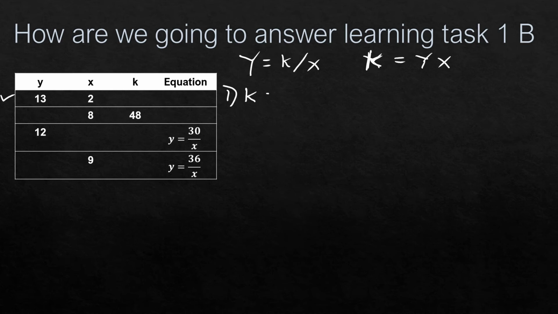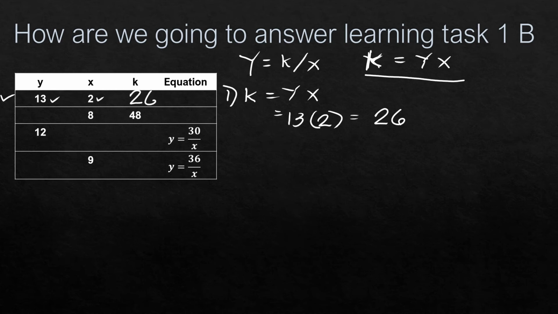So, we need to get the constant by multiplying y and x. Our y is 13 and our x is 2. So, 13 times 2, we have 26. That is our constant. For our equation, we write y is equal to 26x.